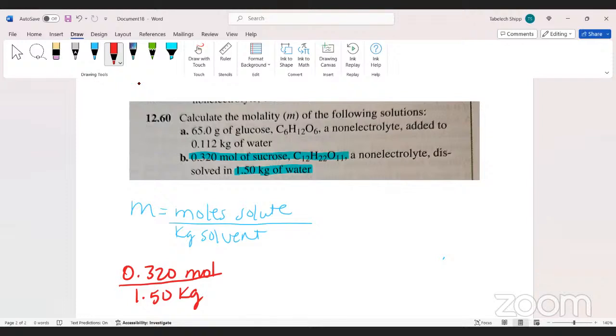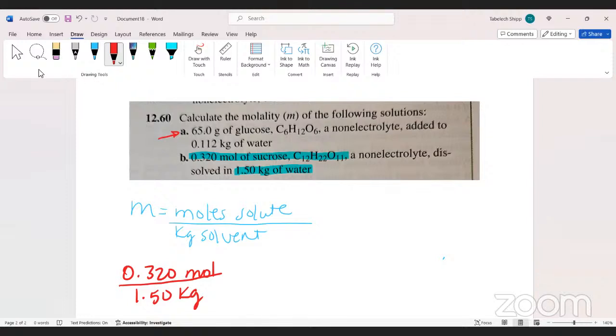Most teachers won't do this though. They won't make it easier for you. They'll give you problems like letter A to give you extra steps. But what they will provide, at least I would hope so, is the molar mass so that you can convert the 65 grams of glucose to the moles.